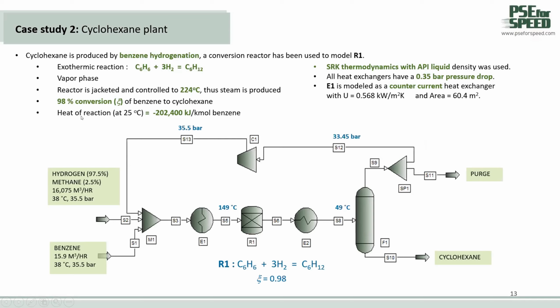So let's look at the process. The hydrogen and the benzene will be fed to the reactor section. There is one heater and one cooler between the reactors. After the reaction is complete, the product will be transferred to the flash separator to separate the unreacted gas and the cyclohexane product. Some of the unreacted gas will be purged out and some will be recycled back to the process.